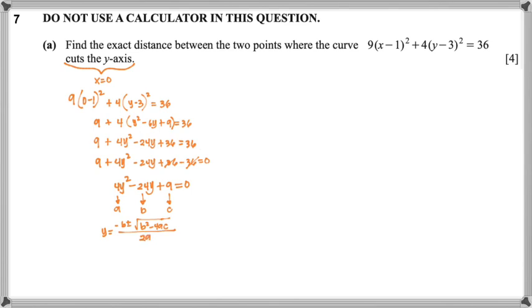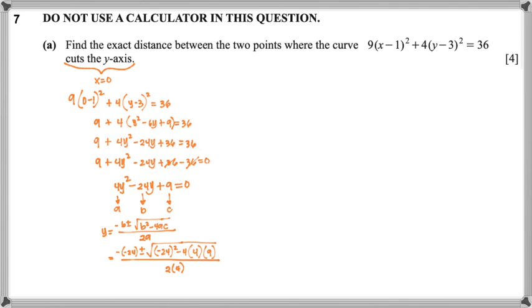Plugging in the values, we get negative of negative 24, plus or minus the square root of negative 24 squared minus 4 multiplied by 4 times 9. So don't forget to extend your square root there, then 2 times 4.